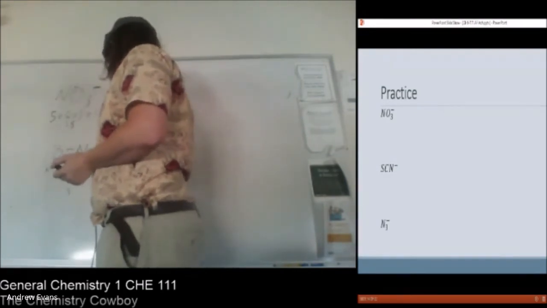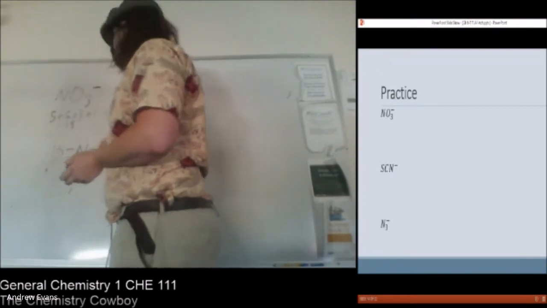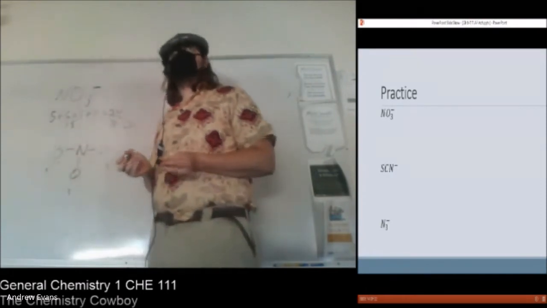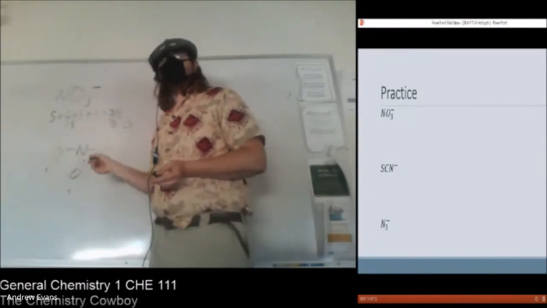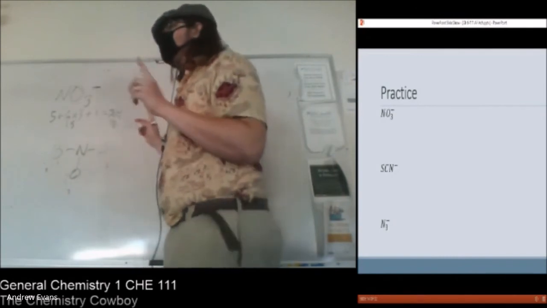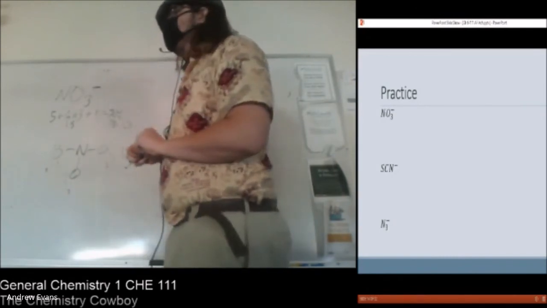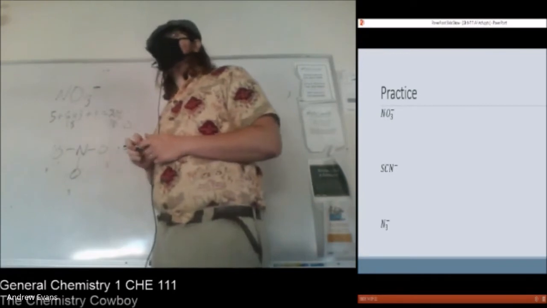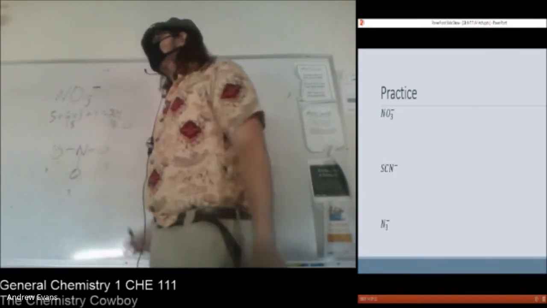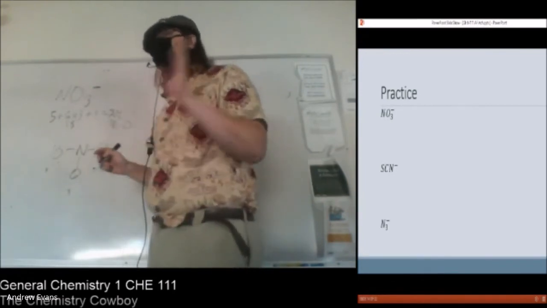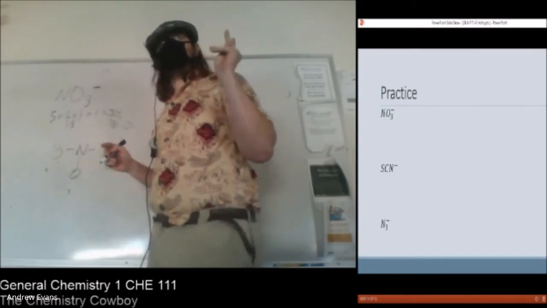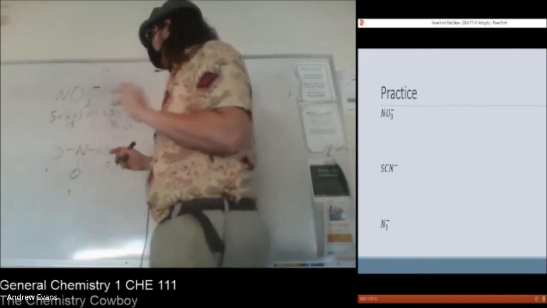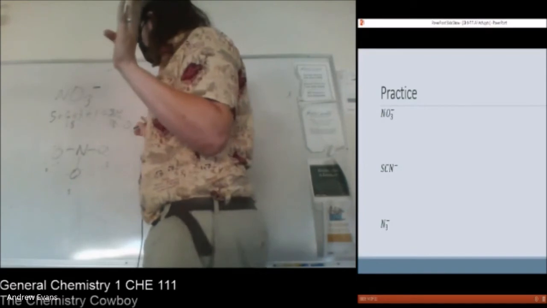That has an octet. I've used up all of my electrons. Nitrogen has 6 electrons. It needs 2 electrons. There are no more electrons I can place on that. So what can I do?